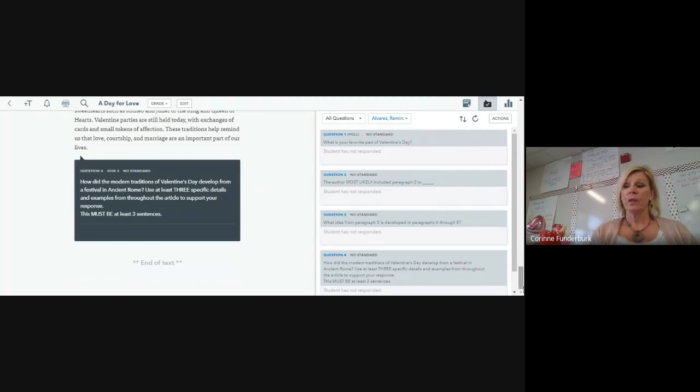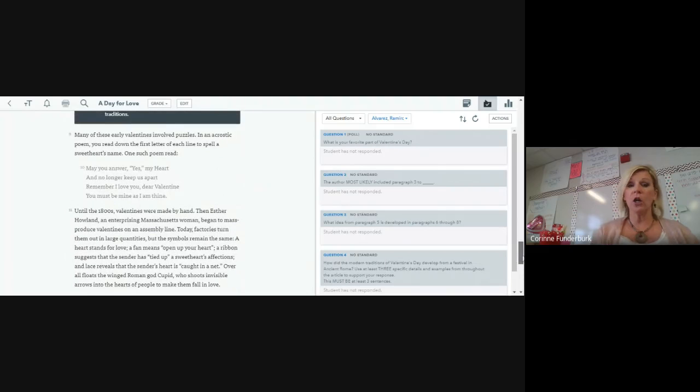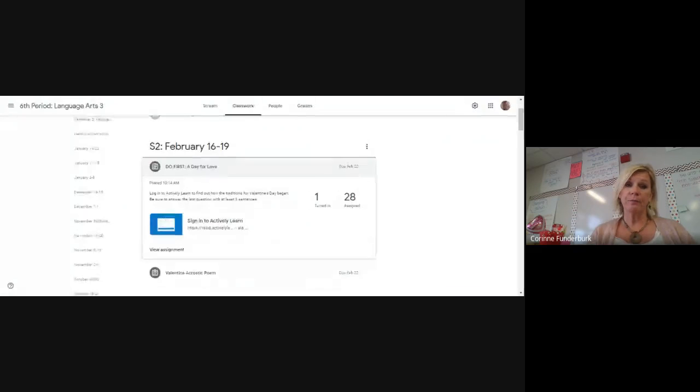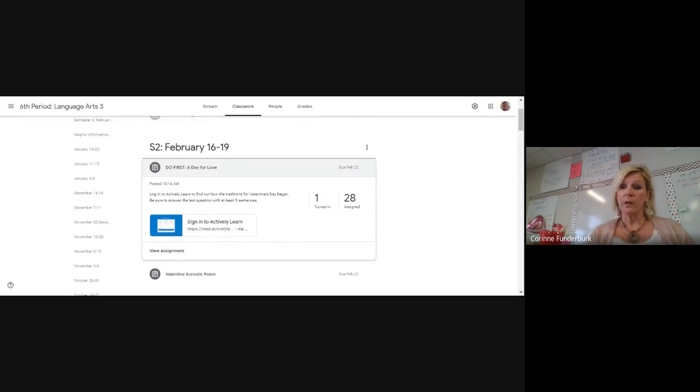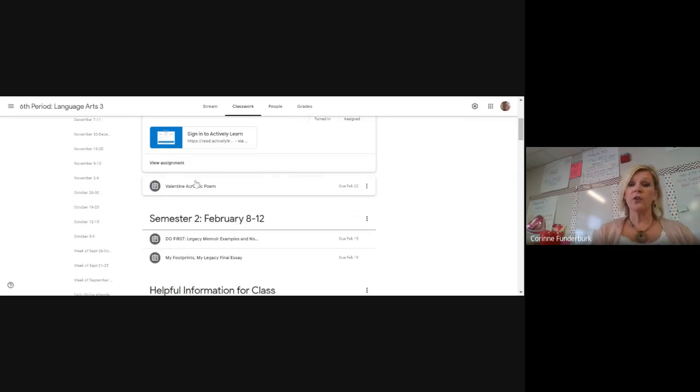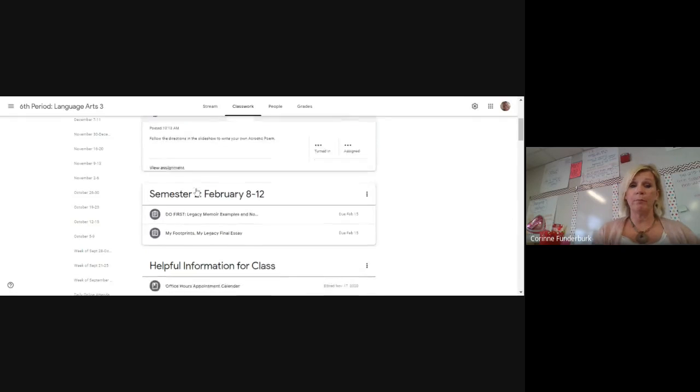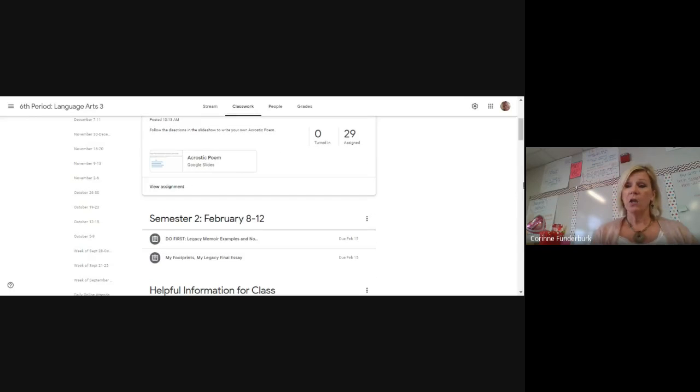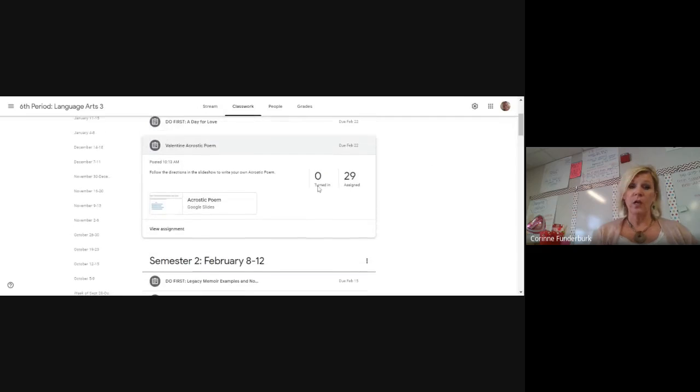So now we're going to go back up here. Remember this acrostic poem? I'm going to go back to your next assignment over here, which is underneath here under Valentine acrostic poem. All right, so this is what you're going to do. Follow the directions in the slideshow to write your own acrostic poem.